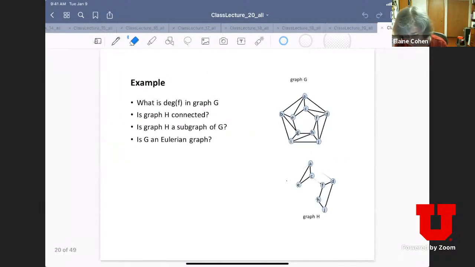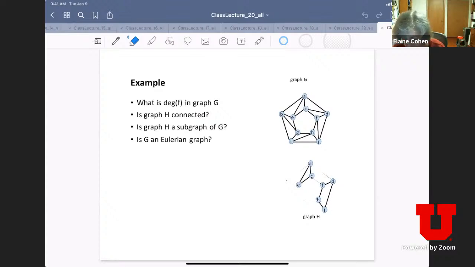Okay, here's an example. Let's look at graph G. What is the degree of the vertex F? Yes, someone says 4.